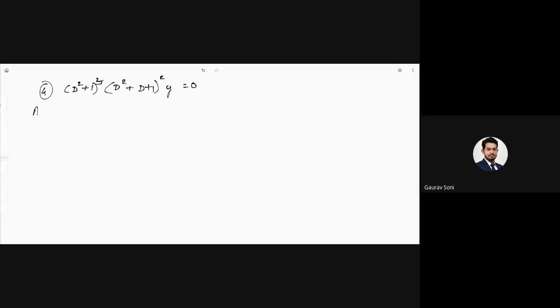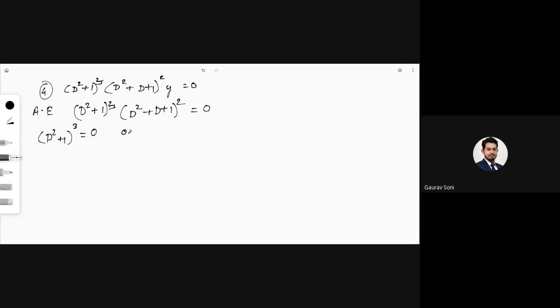So the auxiliary equation for this will be d square plus 1 whole cube into d square plus d plus 1 whole square is equal to 0. So multiplication of two brackets is 0, which means the first bracket has to be 0 or the second one has to be 0. d square plus 1 cube is equal to 0, or d square plus d plus 1 whole square is equal to 0.